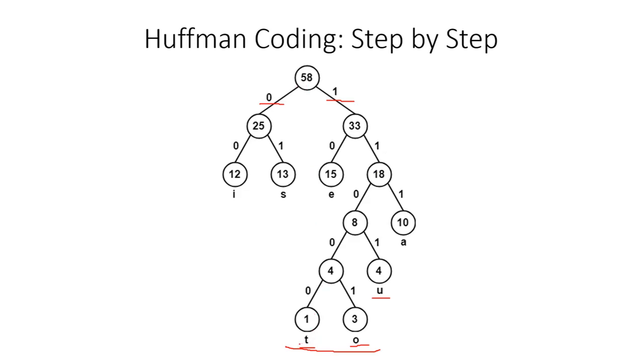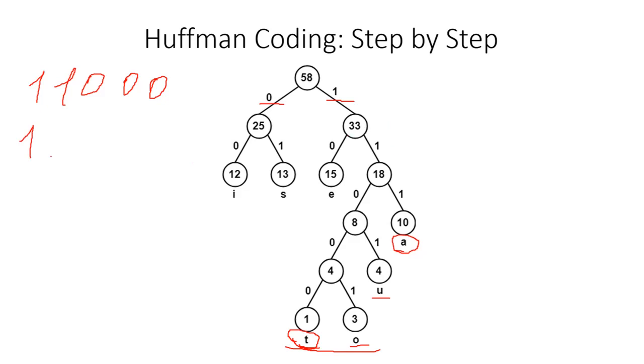For example, let's take T. In order to get to T from the root, we first meet 1, then again 1, then we turn to the left and get 0, then again 0, then again 0, and then we reach our node with T. Or, for example, let's take character A. In order to reach A, we start from the root, it's a 1.